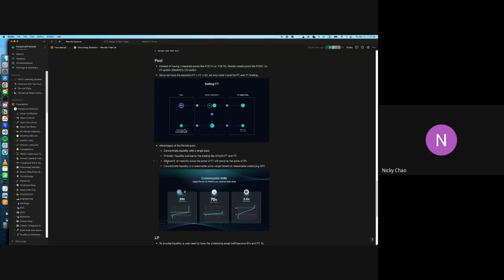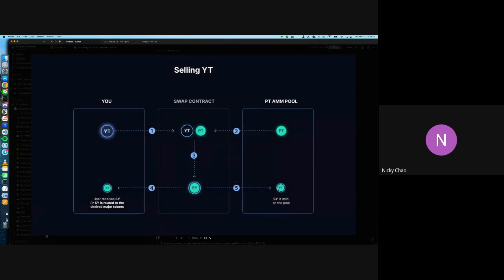Also, there are some additional advantages for the AMM pool designed with PT and SY, because after the maturity, the price of PT will become closer to the price of SY, and the price of YT will slowly decrease to zero.